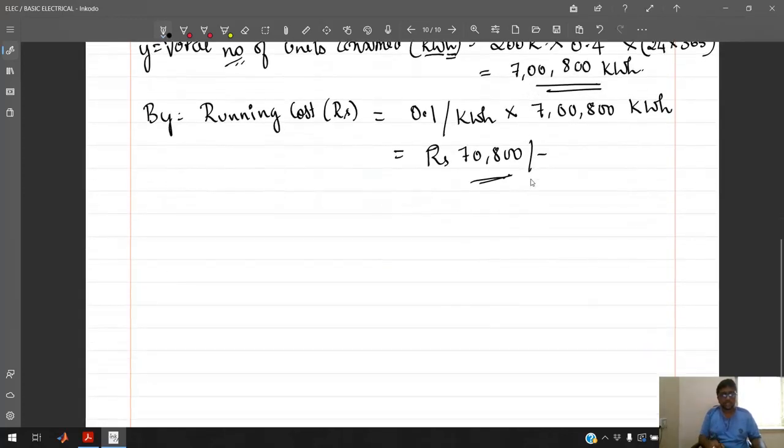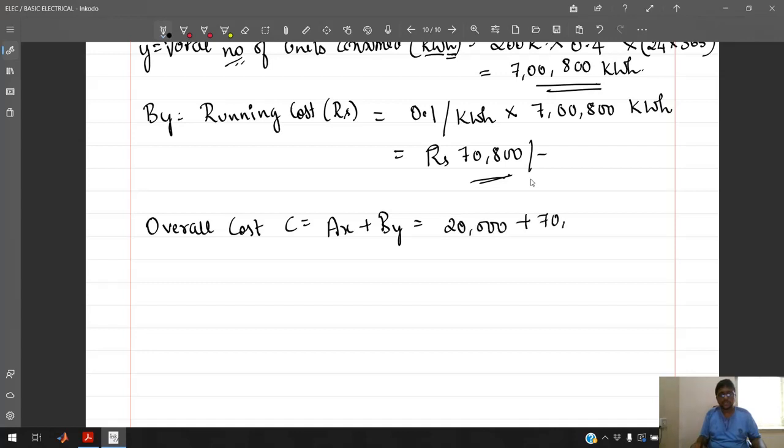Now you have to calculate the overall cost. C is equal to AX plus BY, which is AX as 20,000 rupees plus 70,800. Roughly you are going to get 90,800 rupees as the overall cost.